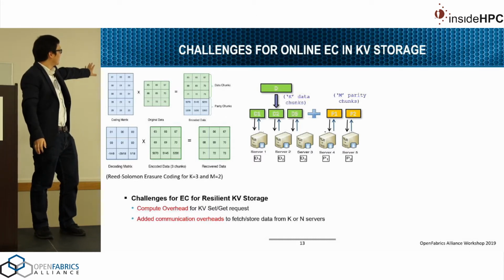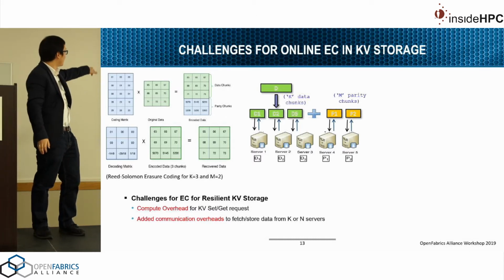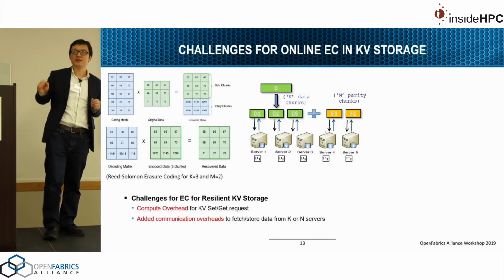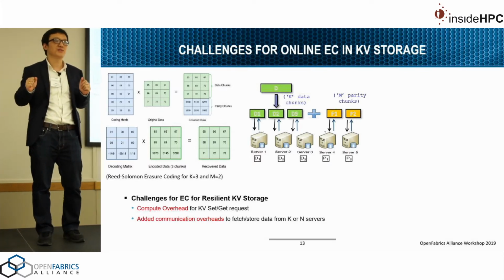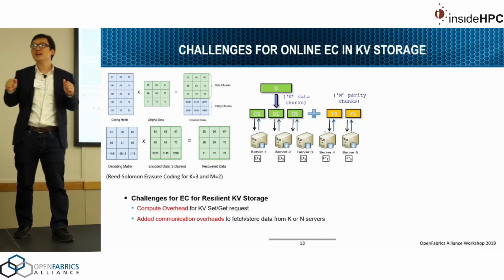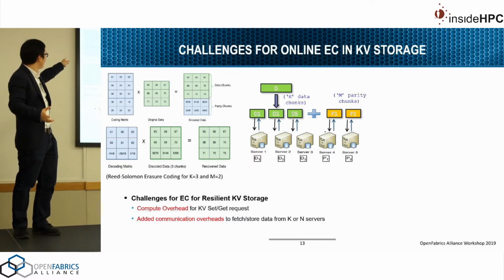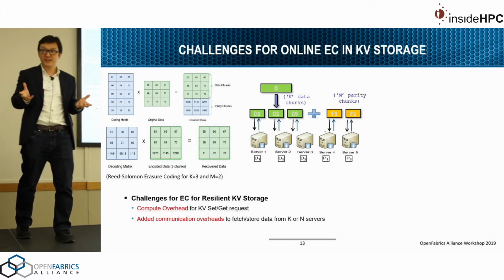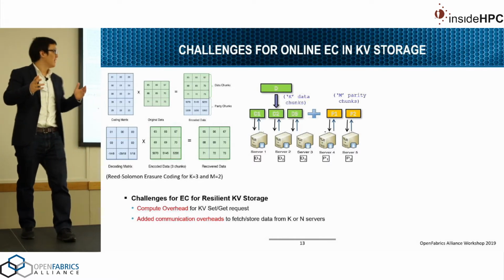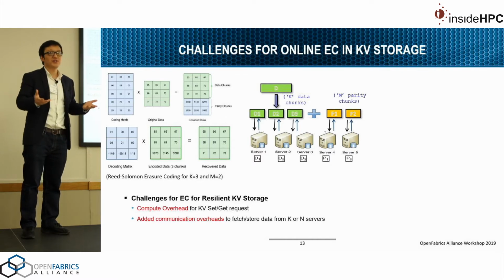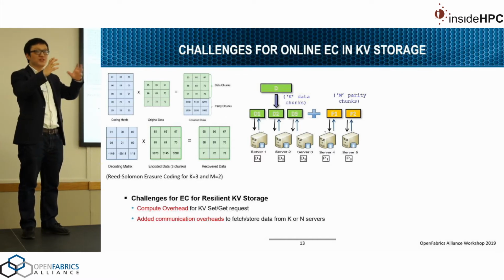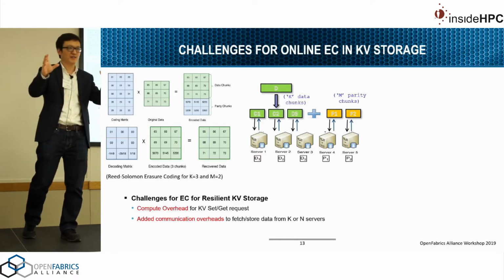The rightmost figure gives you the theory behind erasure coding. This is Reed-Solomon-based erasure coding. It's very easy. I give you an encoding matrix. Use this matrix to multiply with your original data, and then I generate a new matrix in which the top part is exactly the same as your data matrix.